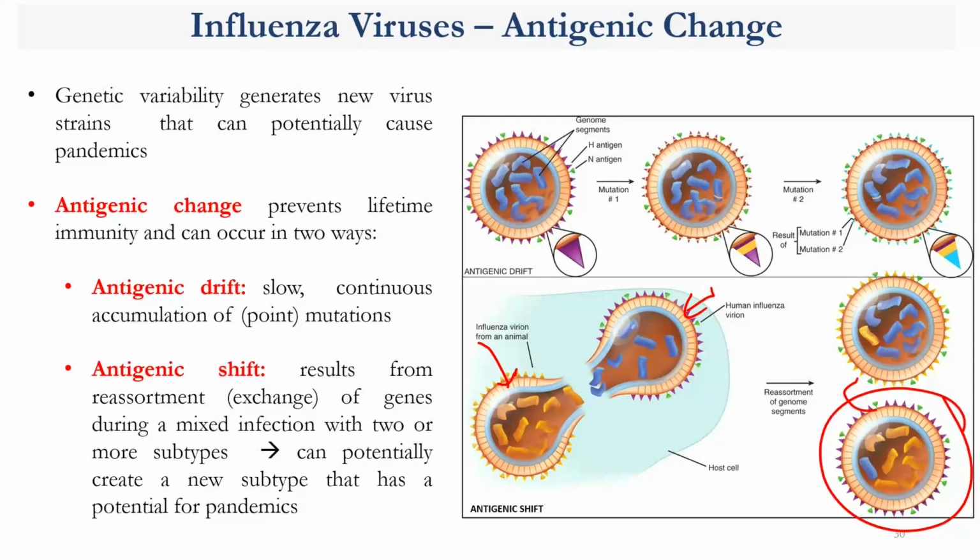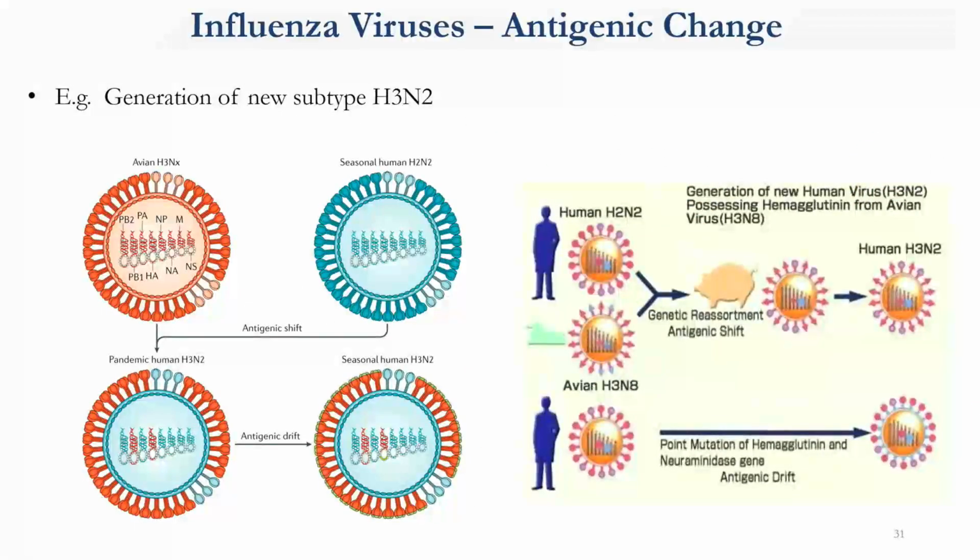So for example, let's say there's avian H3 and whatever N number that might be, and we have a seasonal human H2N2. Now, through the antigenic shift and mixing of these two, you're going to generate H3N2, and this can cause pandemics.